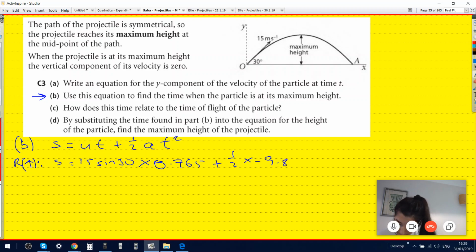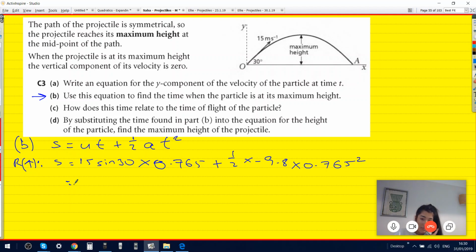So 15 sine 30 times 0.765 minus 4.9 times 0.765 squared gives us 2.8 or 2.9.